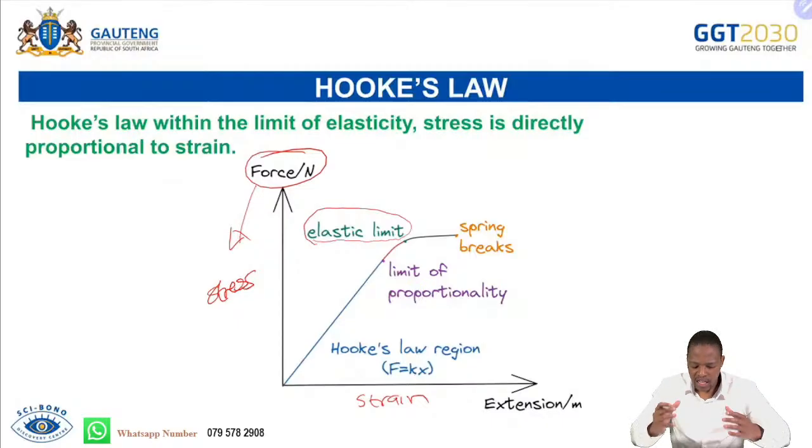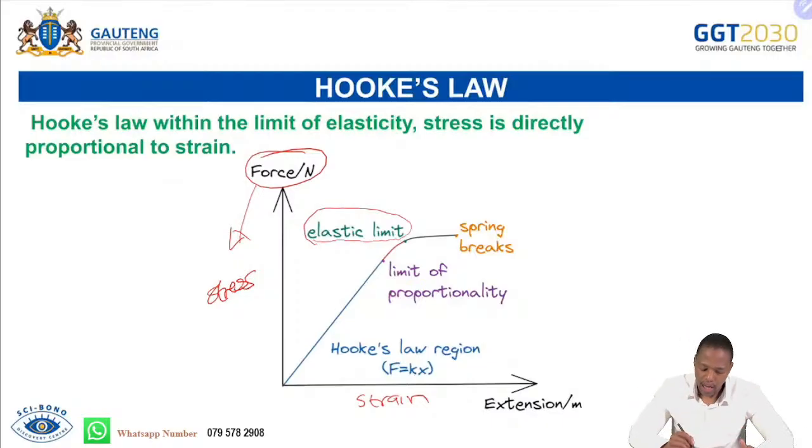So the object will be strained at the same rate as it's stressed. So it increases at the same rate. I can put it like that. If you remember those relationship graphs from grade 11, the more the stress, the more the strain.